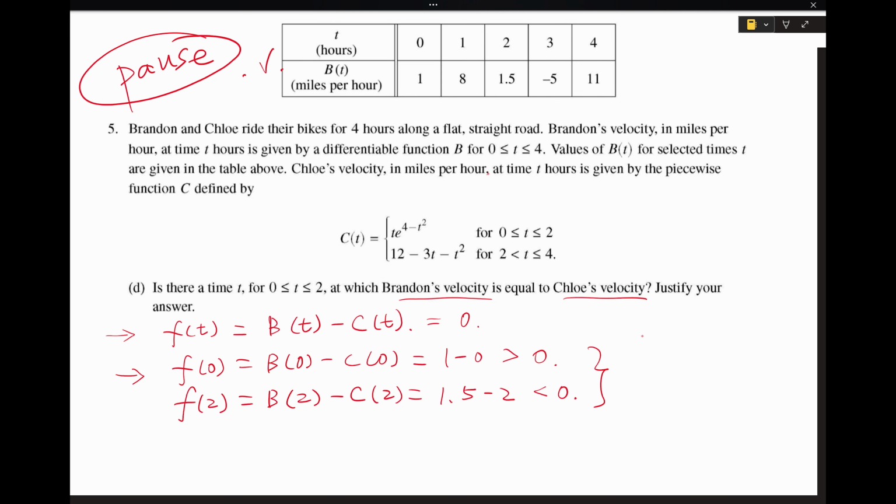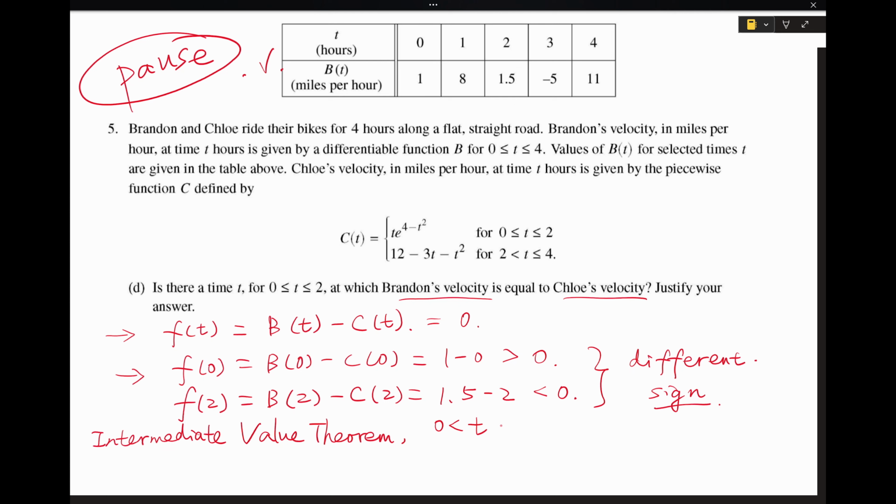And since these two results have different signs, based on the intermediate value theorem, we can say that there is a time t, larger than 0 and smaller than 2, such that f(t) is equal to 0. In other words, b(t) is equal to c(t).